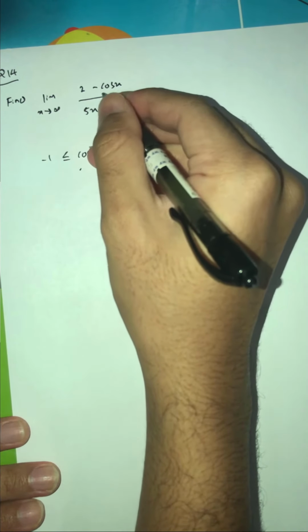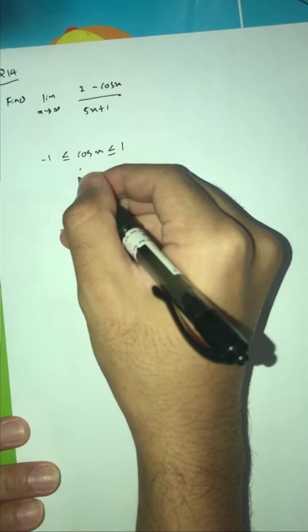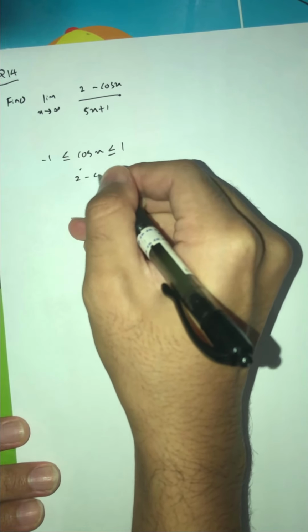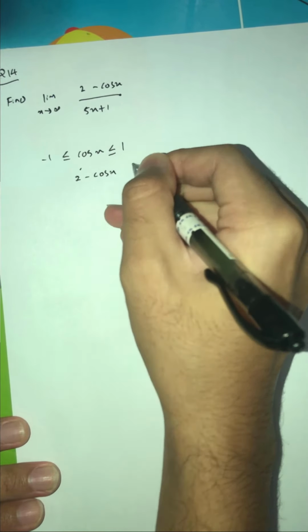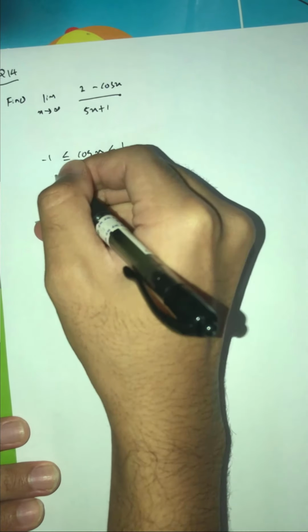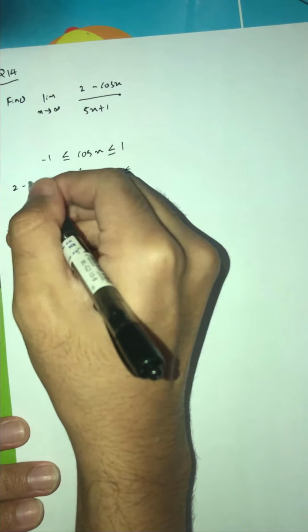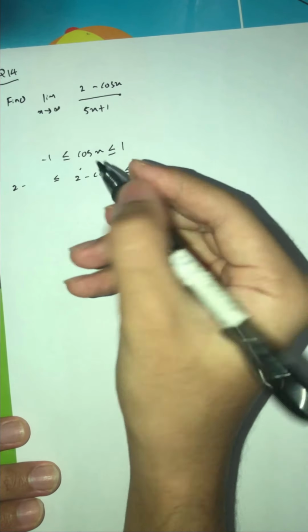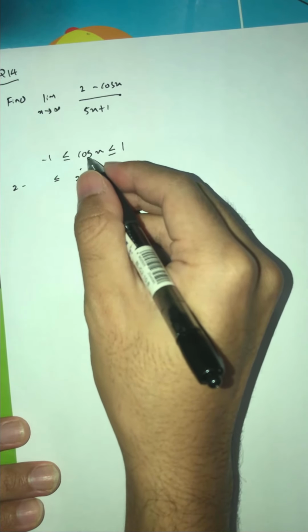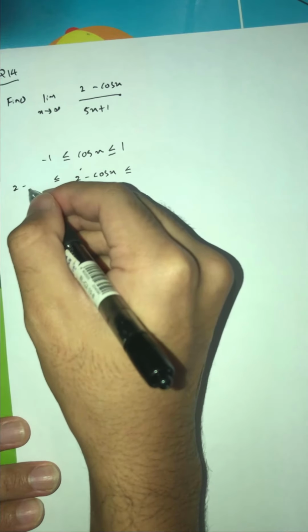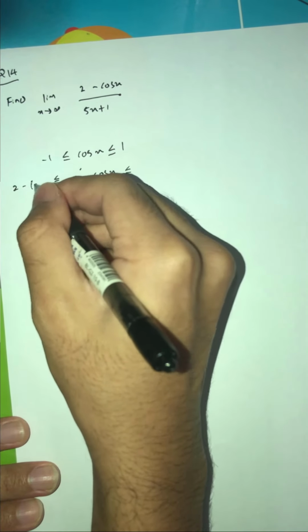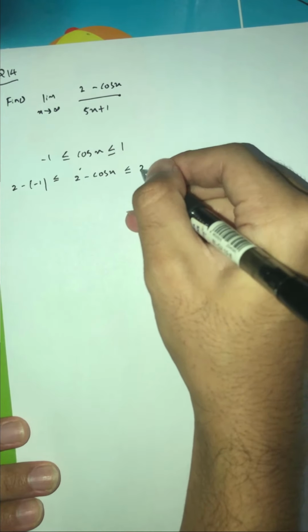So to get 2 minus cos x in the middle, the left and right sides will have 2 minus the bounds, so this will be 2 minus this one, and here you have 2 minus 1.